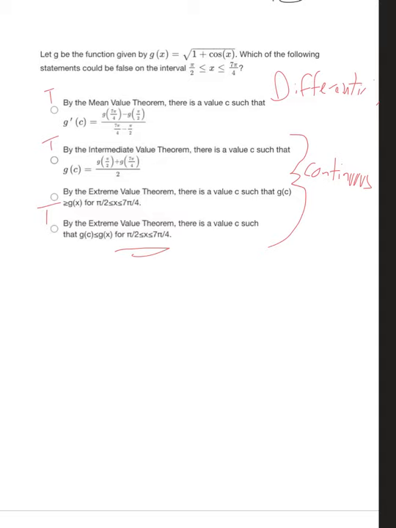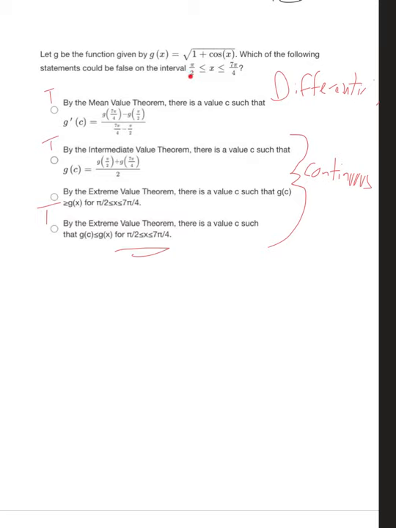And if I'm thinking about continuity, there's not going to be any holes in this function or vertical asymptotes. The only issue with continuity is, well, where does this thing actually exist? And that's all just going to be determined by, is this piece underneath the radical positive?